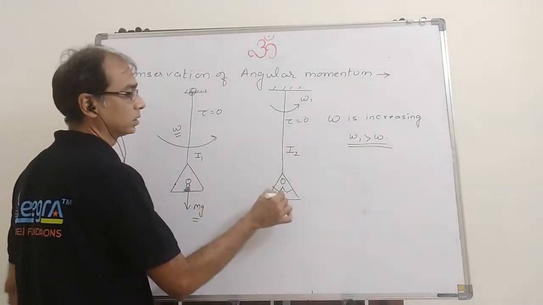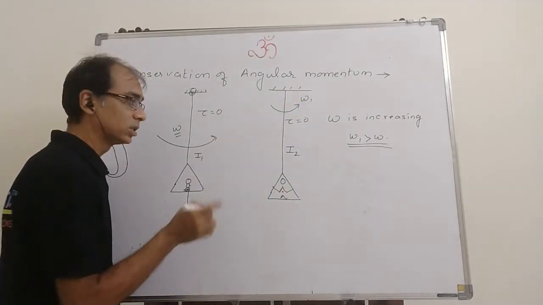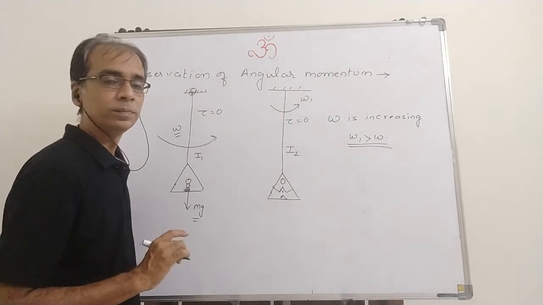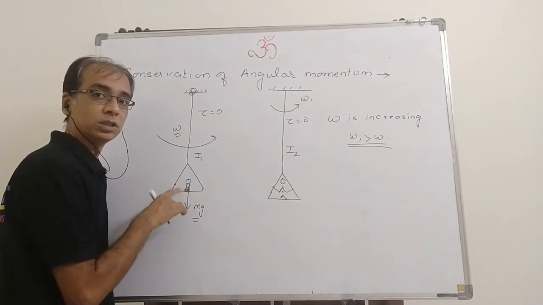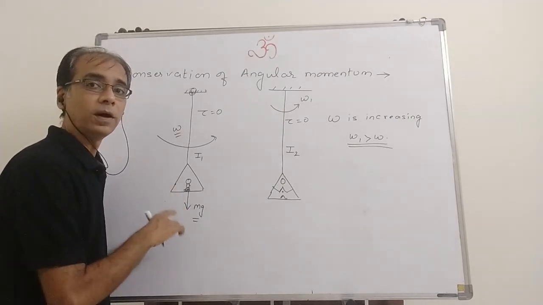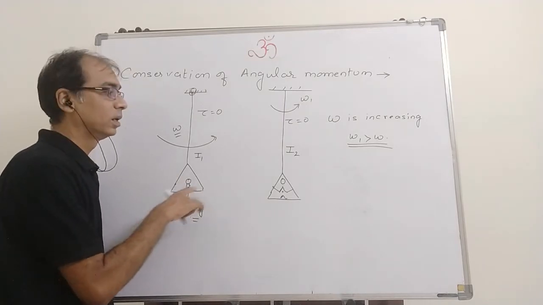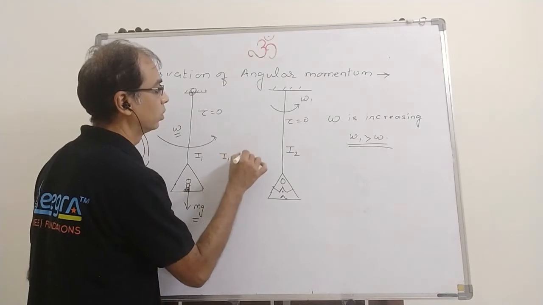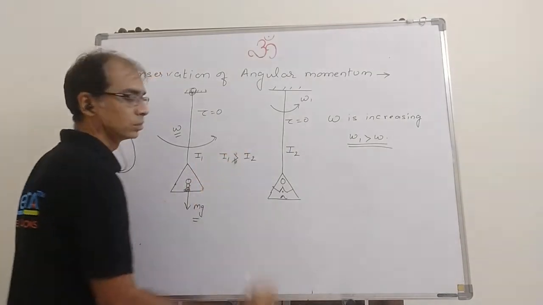So this m into distance square is different, and because of that, I1 and I2 are different. Which one is more? This is more, because the position of the mass is farther. So I1 is more than I2.